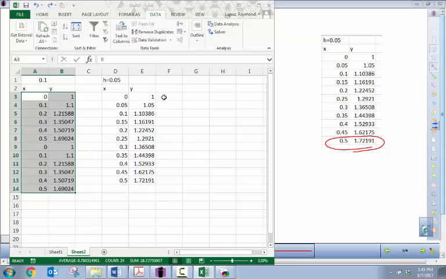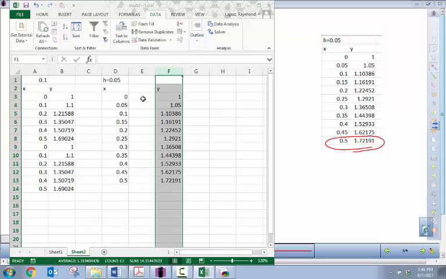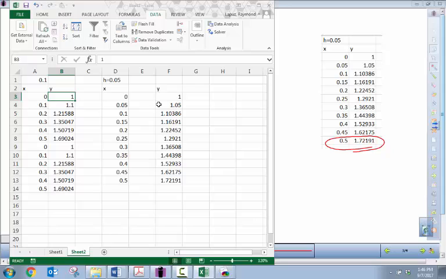Yeah. So what I basically want to do is include these values, but I can only include these values according to their x values. So this is a 1. I don't have a value for that. This is a 1.1. I don't have a value for that. This is a 1.21588. This is a 1.35047.